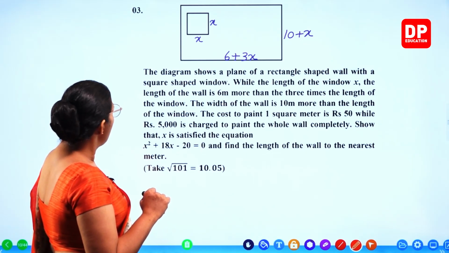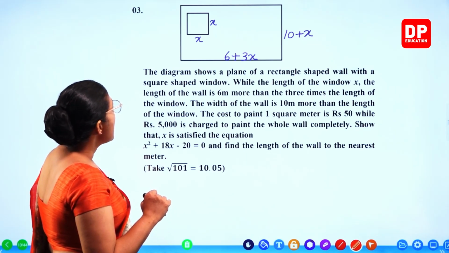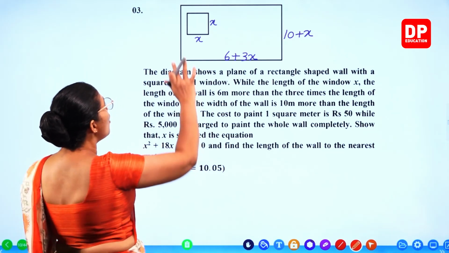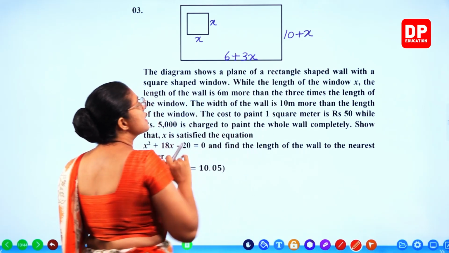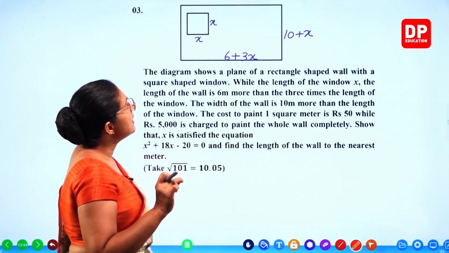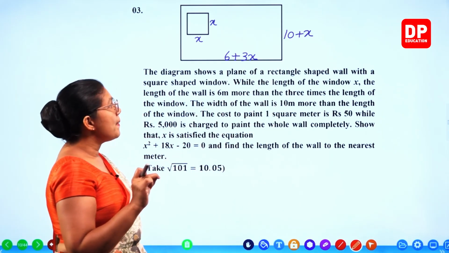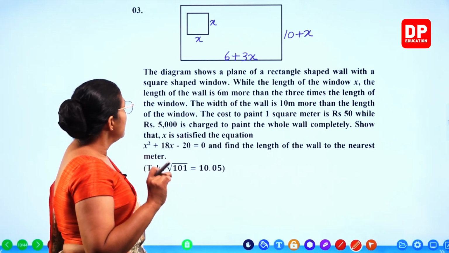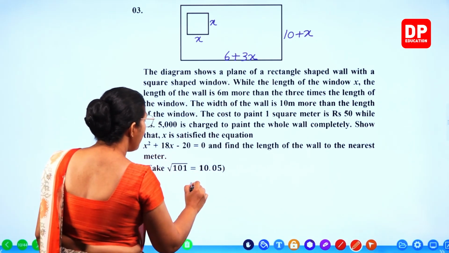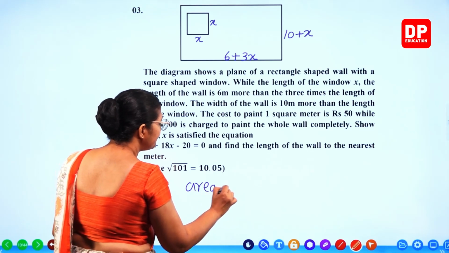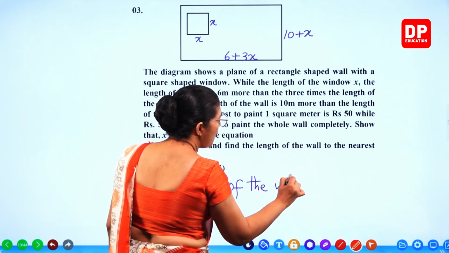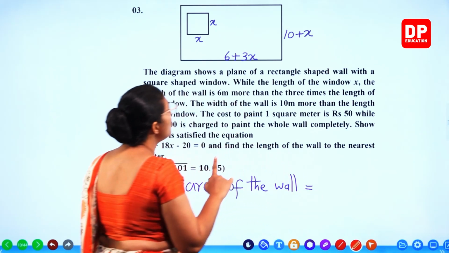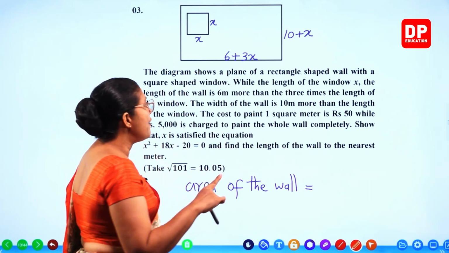So let's first find the area of the wall without the window. So we know the length of the wall is 6 plus 3x. What is the width of the wall? 10 plus x. So how do you find the area of the wall? You have to subtract the window area from the whole area.